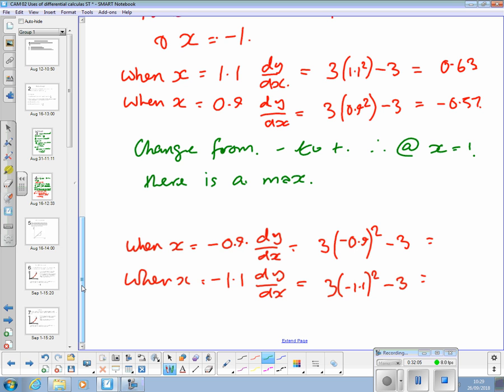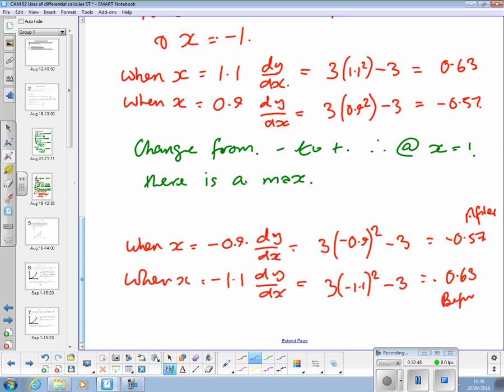Plug them in your calculator. What do you get? Remember, that one's before and that one's after. Minus 0.57, 0.63. And this one's before and this one's after.